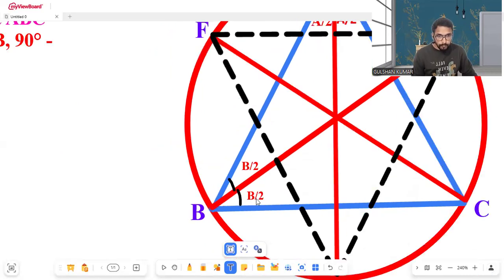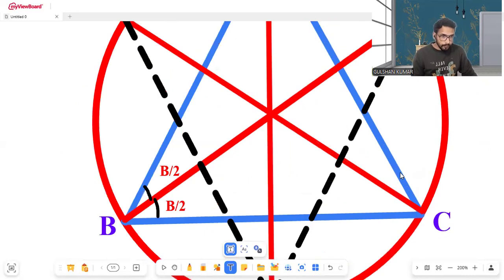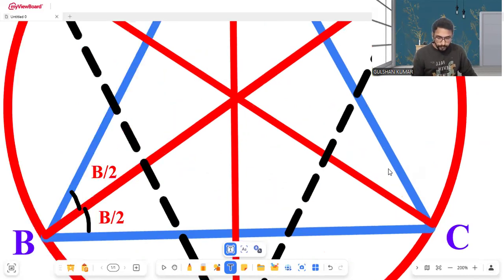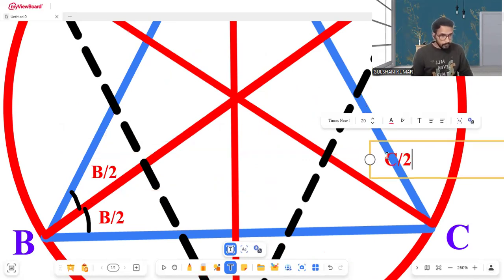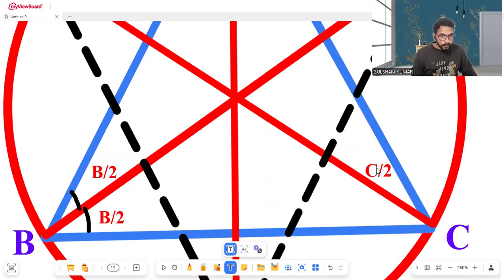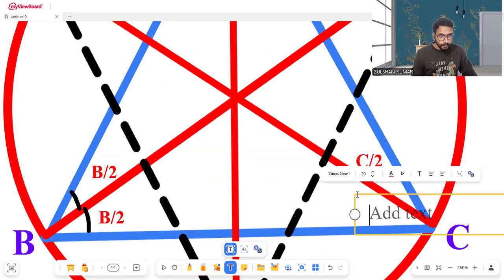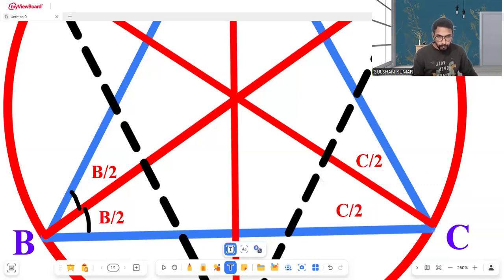Now here we have the bisector of angle C. So this one will be C by 2, this one will also be C by 2, and this one will be C by 2. Pointing out this angle, this angle, and this angle.